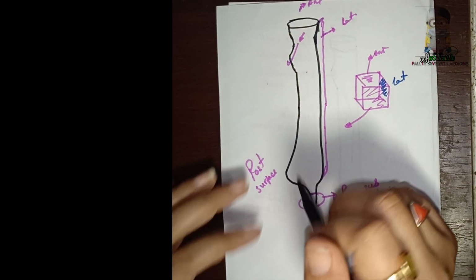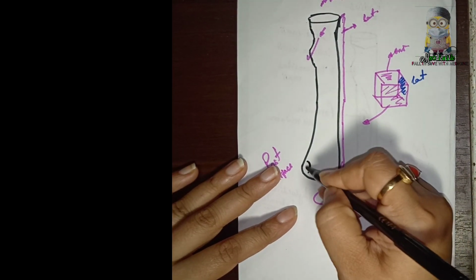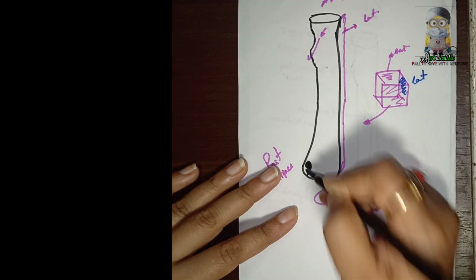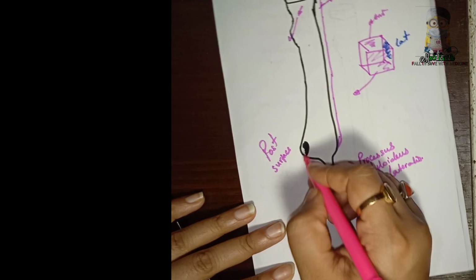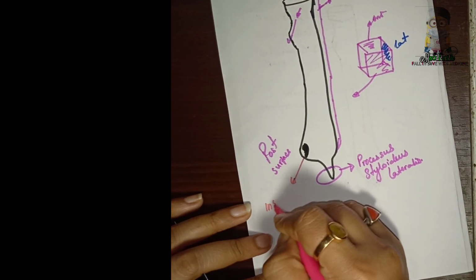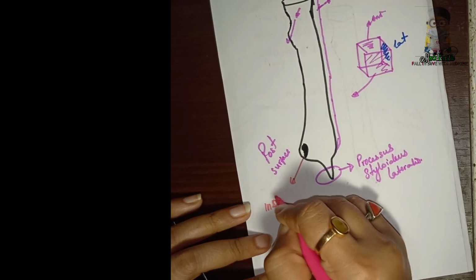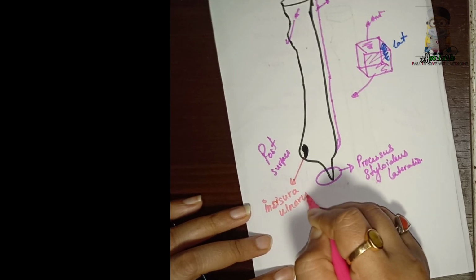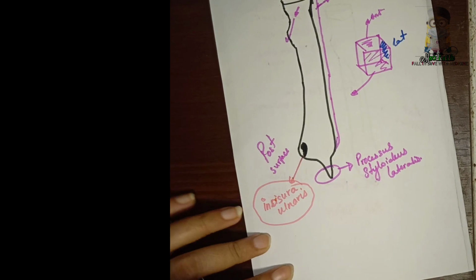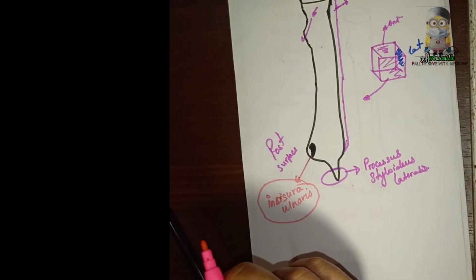If we see the bone on the lateral side, it will look quite different. The difference is this shape. This is known as incisura ulnaris. Why is it known as incisura ulnaris, found on the radial bone?